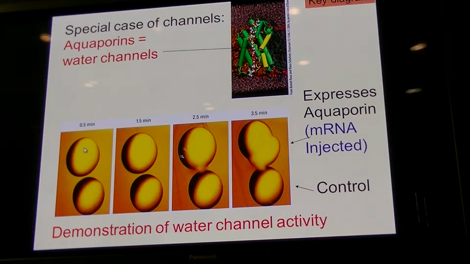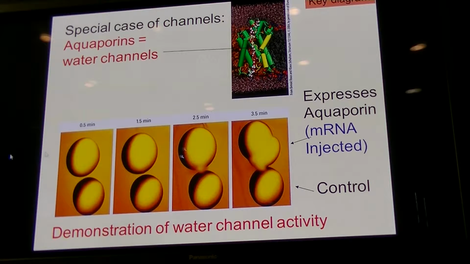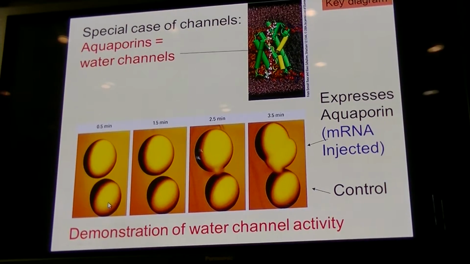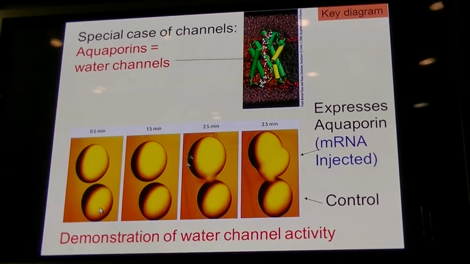And then we start to put these cells in a solution that has less salt. So a hypotonic solution. So at time 0, not shown here, both cells were placed in a hypotonic solution with lower salt concentration. So in both cases, water by osmosis wants to move into the cell where there's a higher solute concentration.